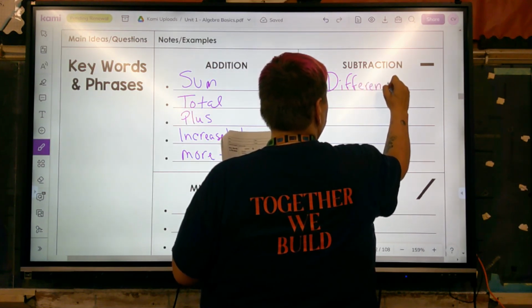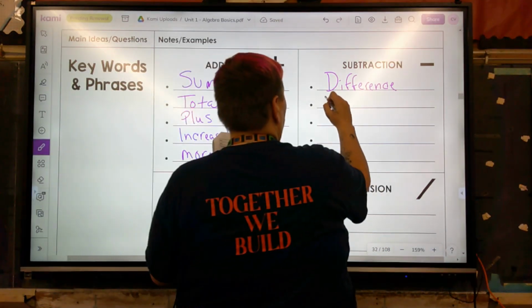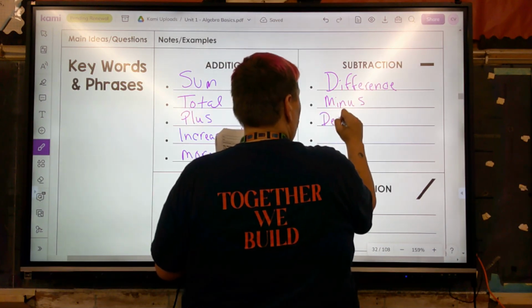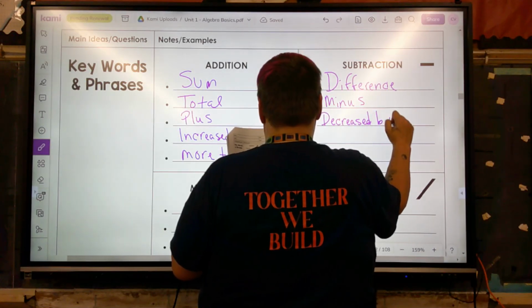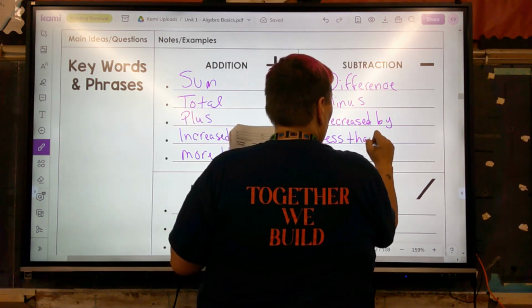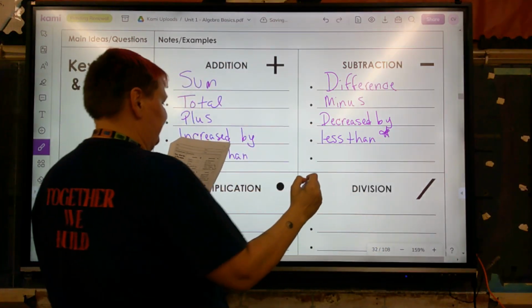Alright, now for subtraction, you might see difference, like the difference between 7 and 3. They're asking you to subtract. They're asking you to find the difference between the two. You might see minus, decreased by, less than. We'll put a star next to that one for now, and I'll tell you why it has a star in a second.